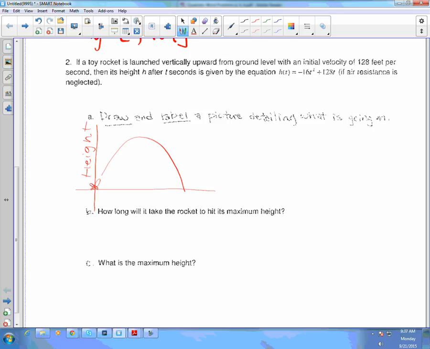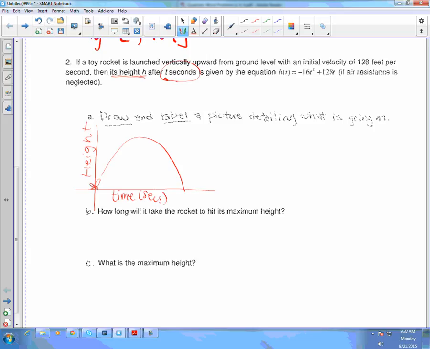It says its height is h, and it says 15 seconds. So the horizontal axis, the x-axis, has to be t, for time in seconds.